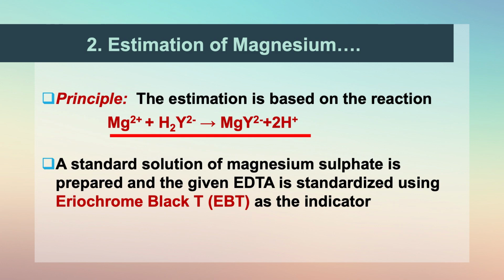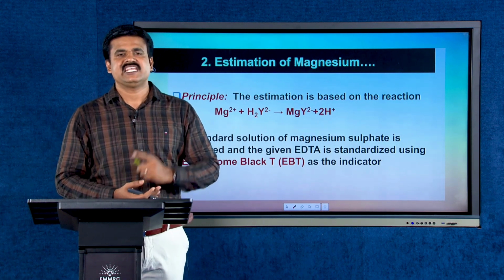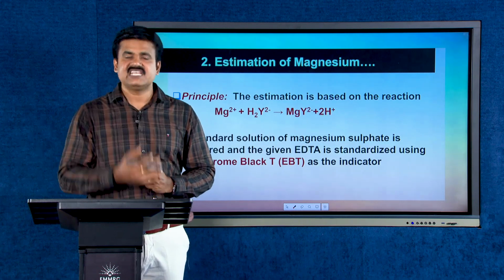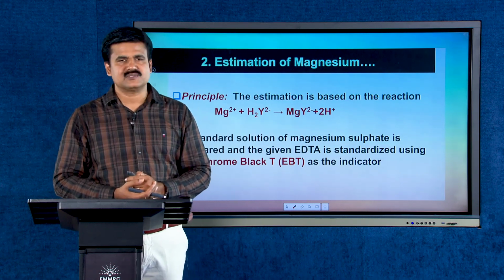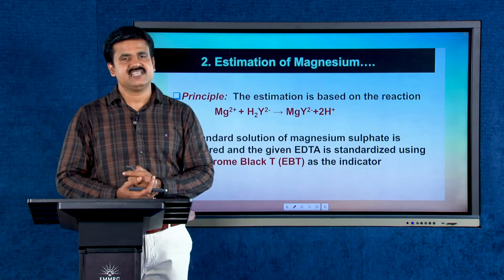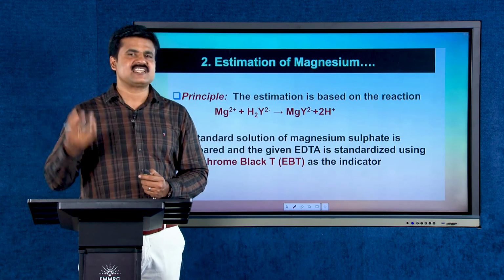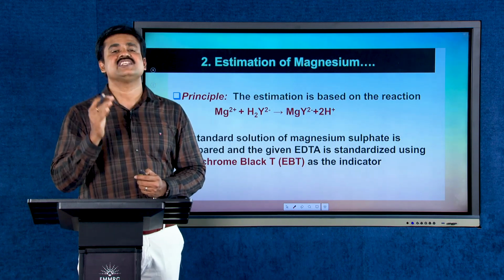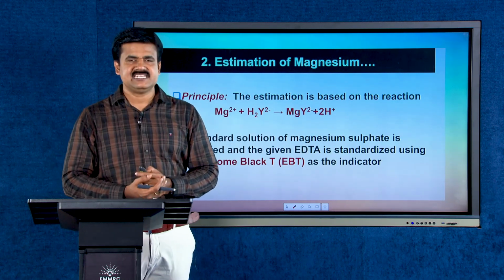A standard solution of magnesium sulfate is prepared and the given EDTA solution is standardized using eriochrome black T as the indicator. So, a fixed quantity of magnesium sulfate is weighed and a standard solution prepared. Using that standard solution, it is possible to standardize the given EDTA solution.